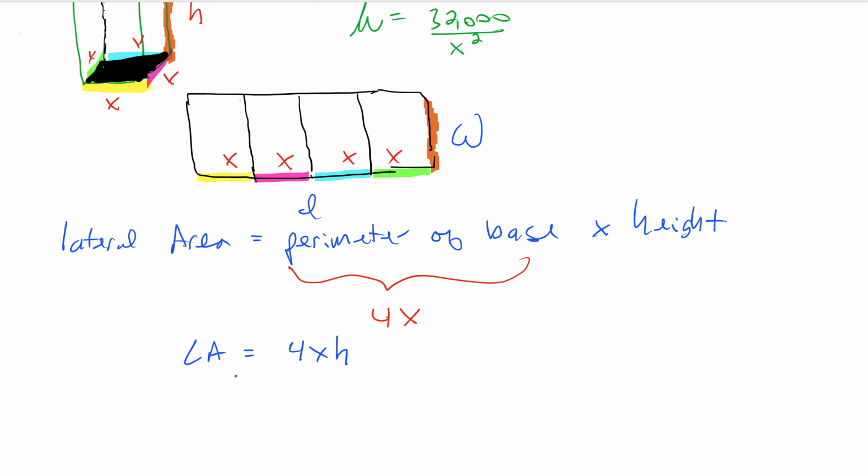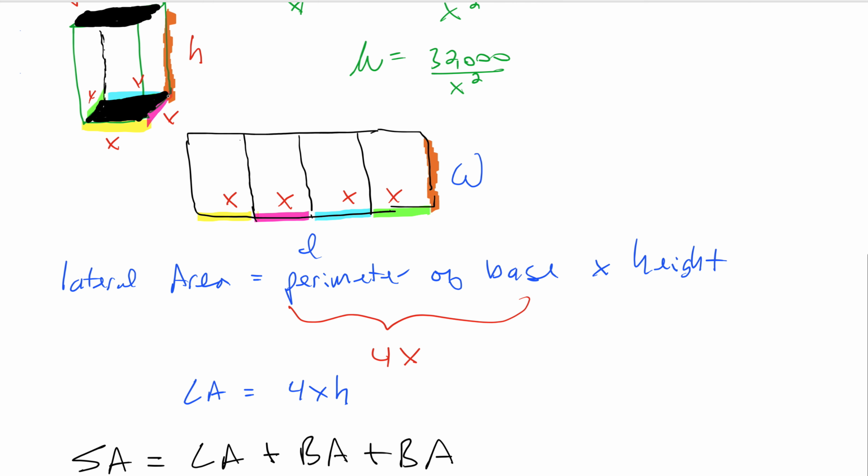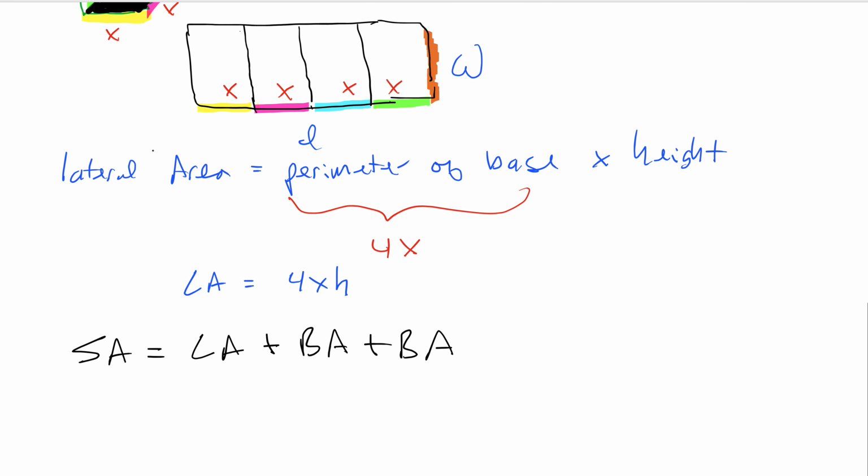Wait, our surface area though, or sorry, our base area. So surface area equals lateral area plus base area plus base area if you were going to do the top. But we're not going to do the top. We have an open top, right? So we don't need this one because of the open top.